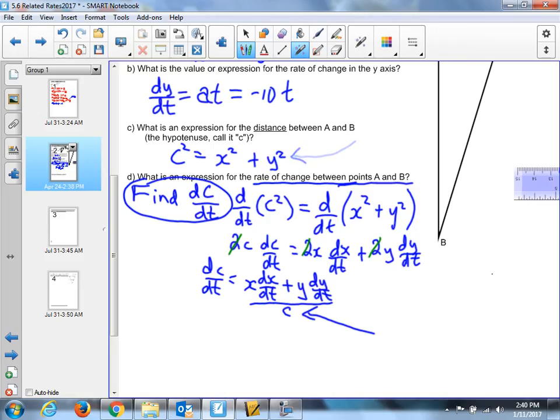For dy by dt, you could sub in negative 10t into here, right? We have a value for dx by dt. Wasn't it 3, I think? Yeah. So we could sub in further. But we have an expression, and I did not say it has to be all in terms of x and y, right? So this is a valid expression.